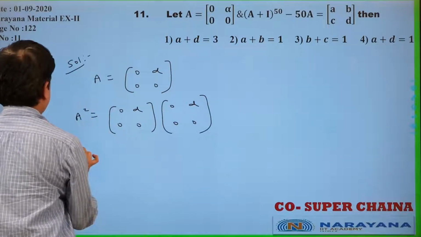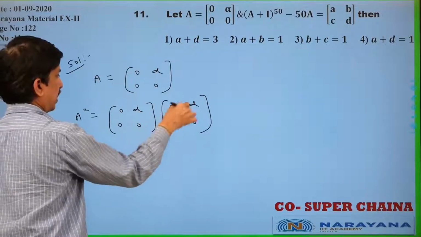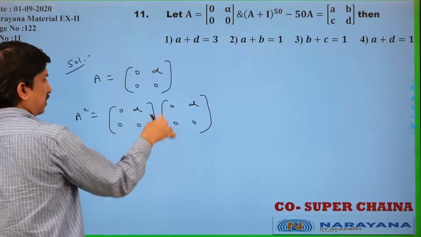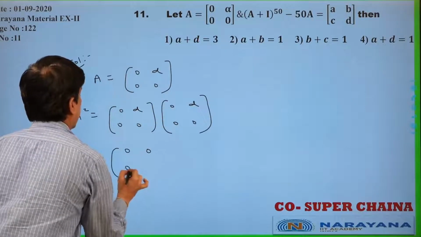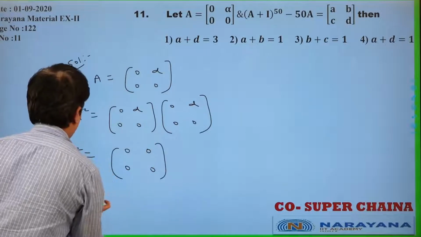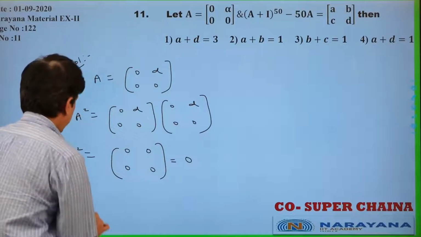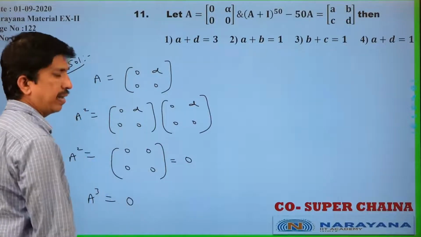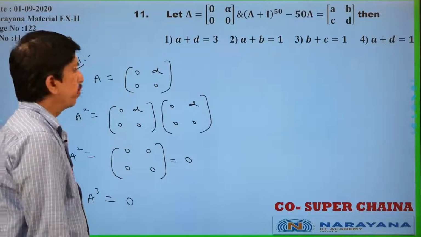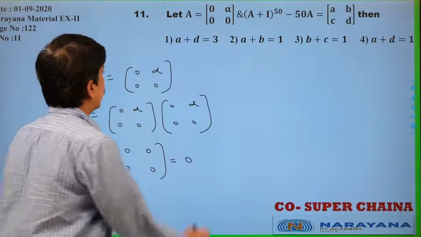Now A square is equal to first row first column 0 0, first row second column 0 0, second row first column, second row second column, all zeros you got. Now if A square is 0, that is nothing but a null matrix we are getting. Is it clear or not? Now A cube is also all zeros only, a null matrix only, denoted by O. Now A square is a null matrix, A cube is a null matrix only.